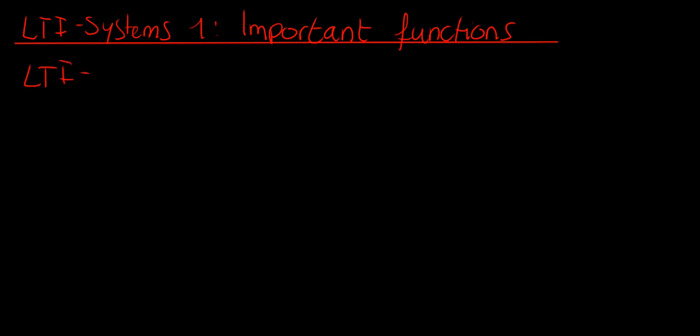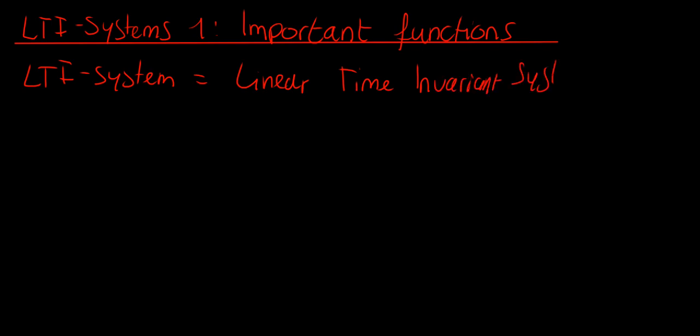An LTI system is called that because it is a linear, time invariant system. What that means, I will explain a little bit later. Every system is denoted with a T, or T1, T2, and T3 if you have multiple systems.